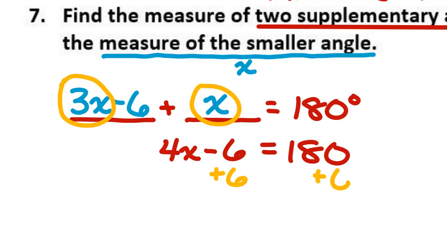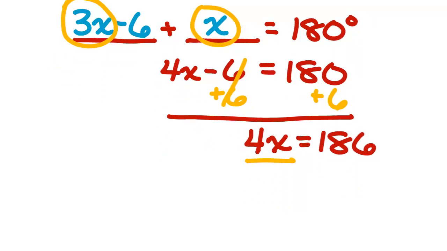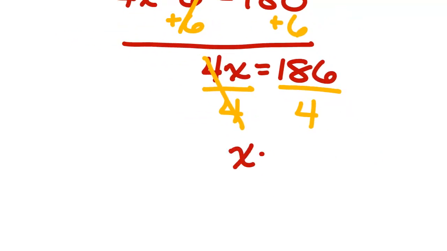We add 6 to both sides. So 4x is 186. And then we divide both sides by 4, and we get that x is what? 46.5.